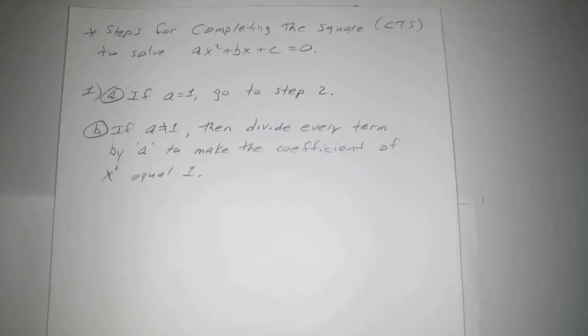Okay, so basically that just says that if a is equal to 1, you're good, just go on to step 2. If it doesn't equal 1, then we just make it equal 1.